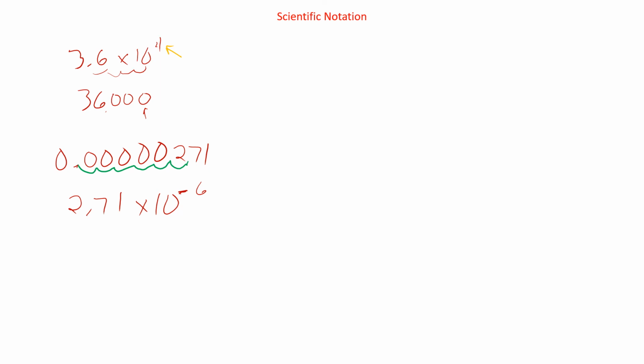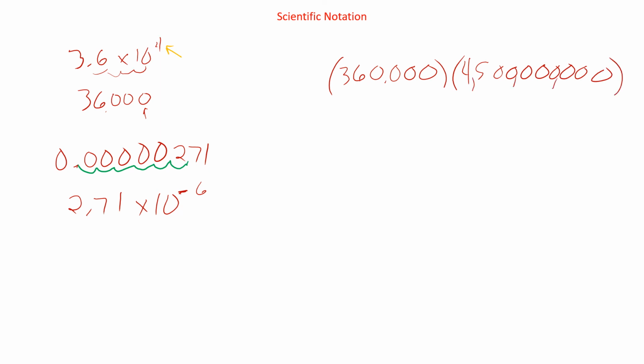Let's say we had 36,000 times 45,000,000,000,000. Don't know how many zeros we have there, but that's okay. Divided by 18,000. We can turn this into scientific notation.